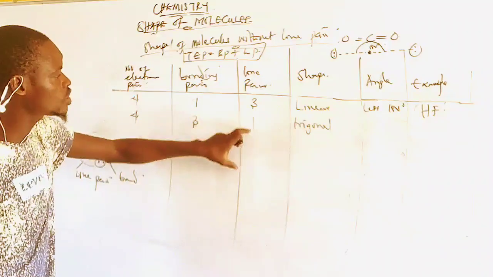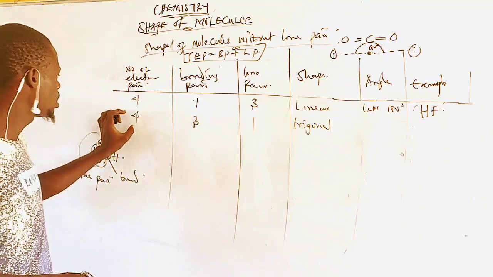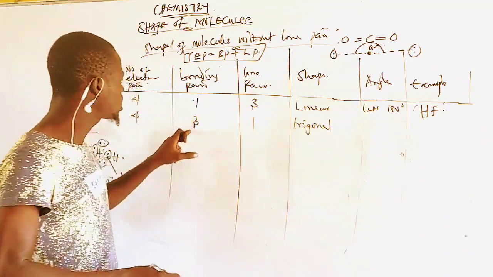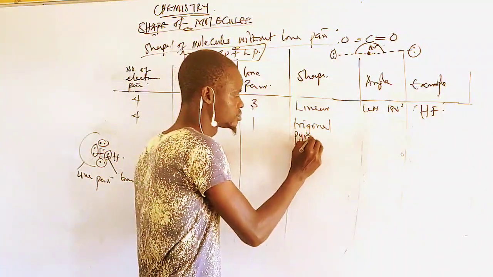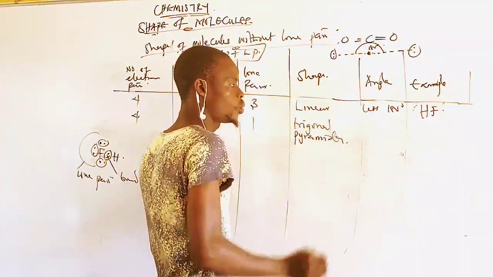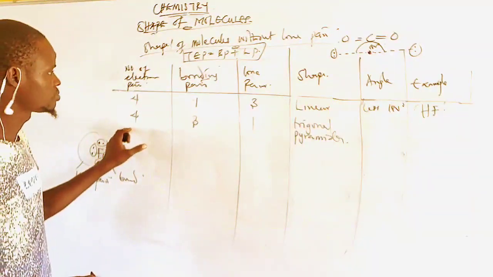But because of the presence of this lone pair, it changes the shape automatically. This one has 3 bonding pairs but 1 lone pair. It's going to have a trigonal pyramid with a bond angle which is less than that of a tetrahedron.